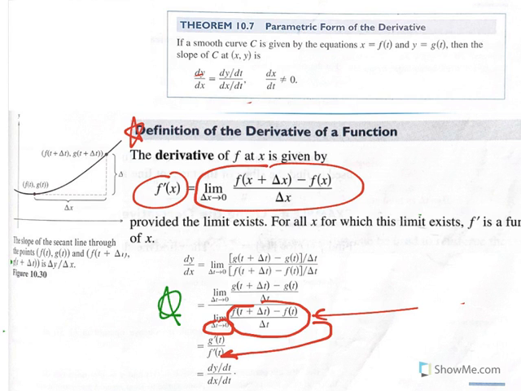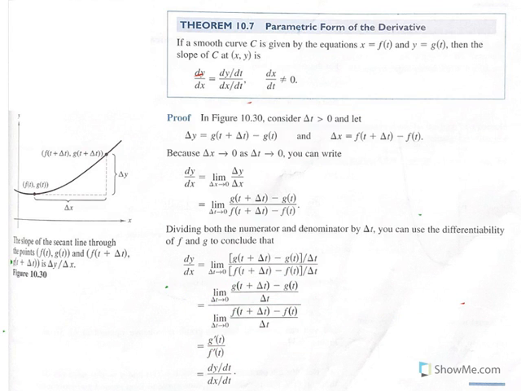And in the numerator, we have exactly the same thing, but we just have the function g instead of the function f. And of course, the variable is t, so the numerator will be g prime of t. And finally, since the function g tells us what the y-coordinate is, g prime of t is dy dt. And because the function f tells us what the x-coordinate is, f prime of t is dx dt, and that is what you have in this theorem.